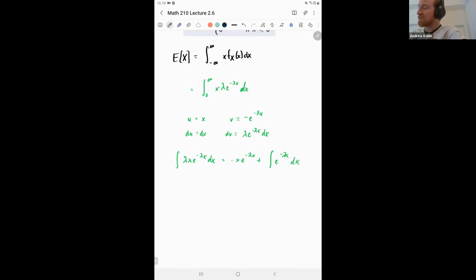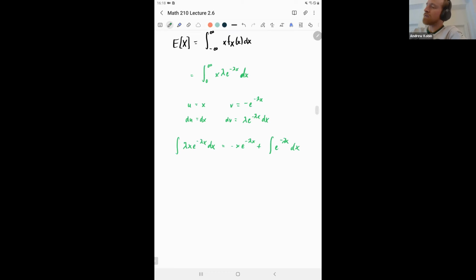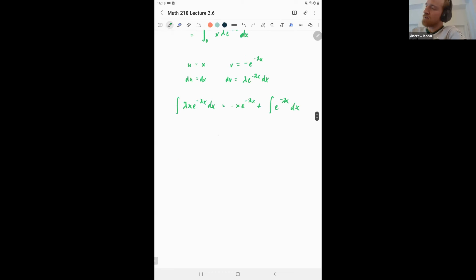And then we stop and say, is this an integral we can solve? Well, sure it is. It's just an exponential. Just have to be careful about the constant coefficient. So we'll copy paste the first expression. Here we're going to get e to the minus lambda x. If I take the derivative, it'll spit out a minus sign. So I need a minus sign to compensate so that I get a plus up here. In any case, this is plus c at the end because this is an indefinite integral.